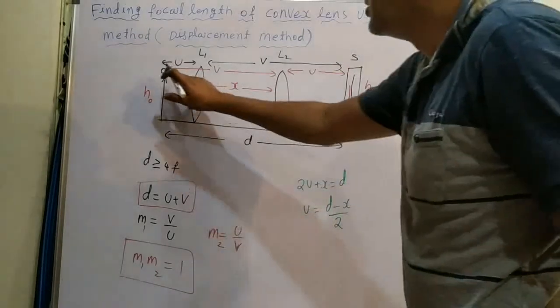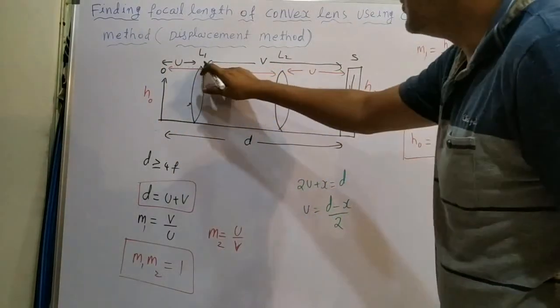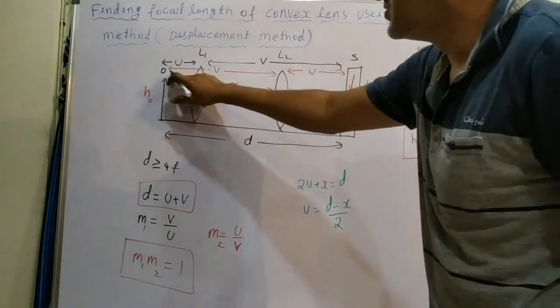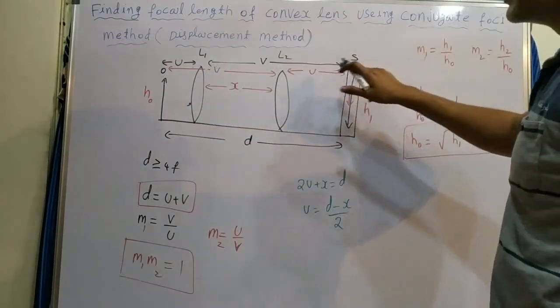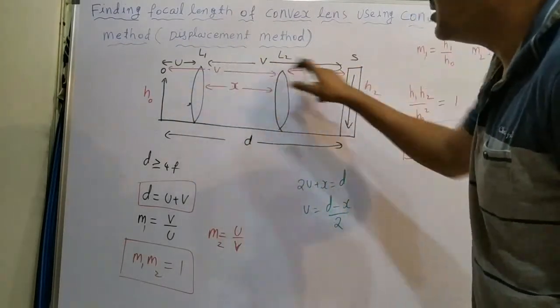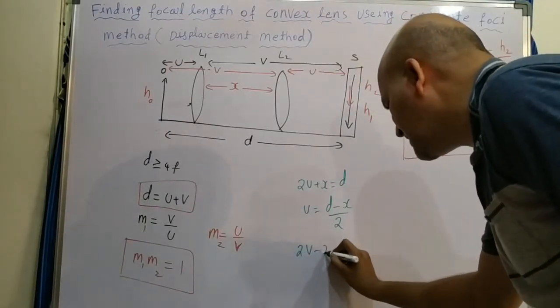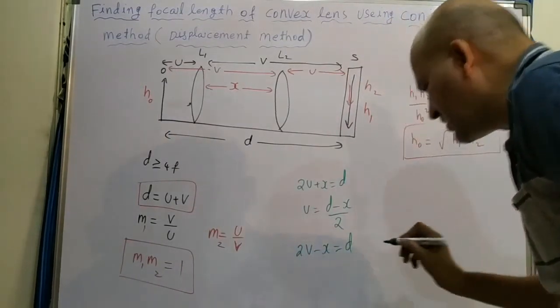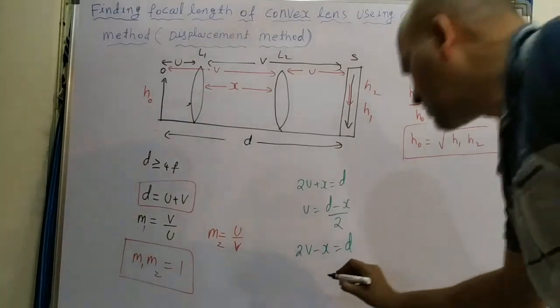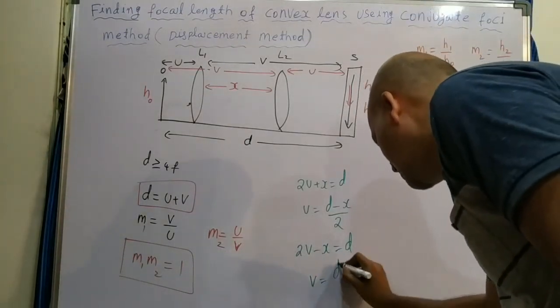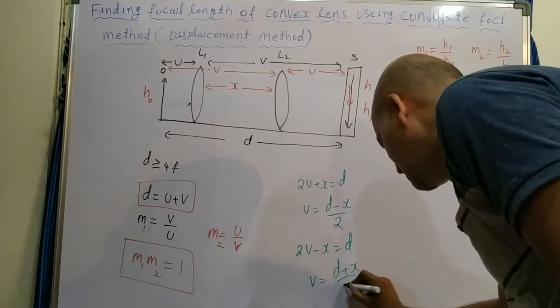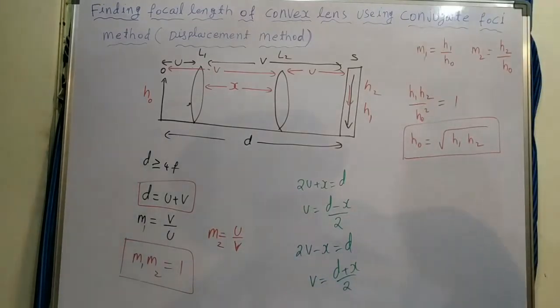So v plus v minus x. See, this is v and this is also v. So we can write 2v minus x is equal to d. From this, v is equal to d plus x by 2. We now know object distance and image distance.